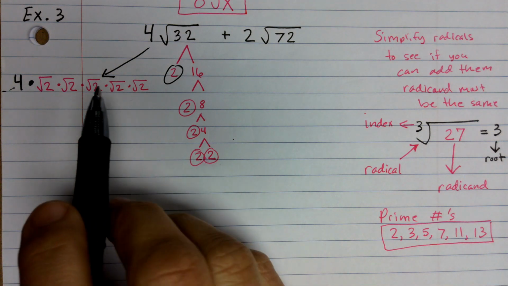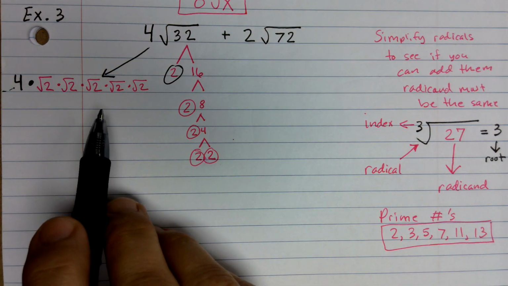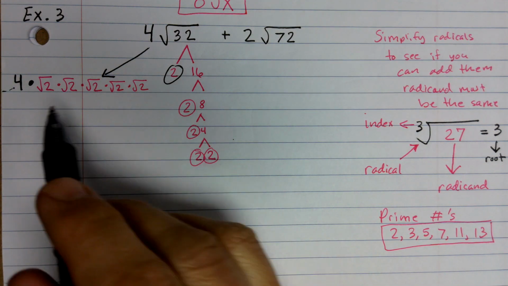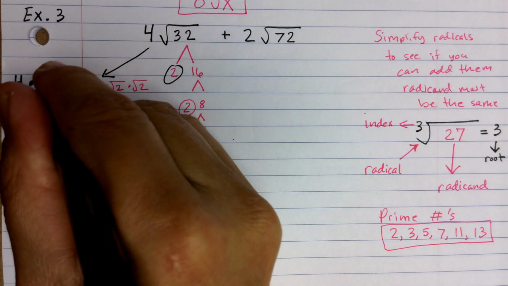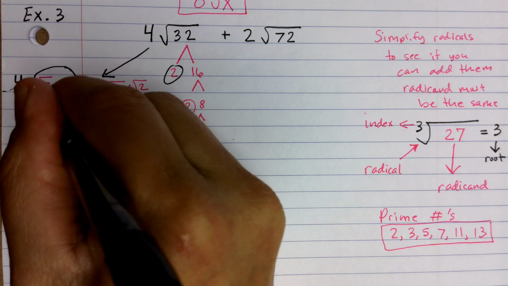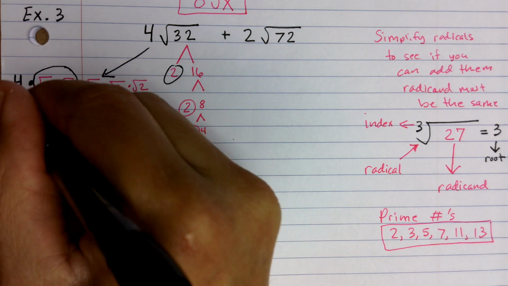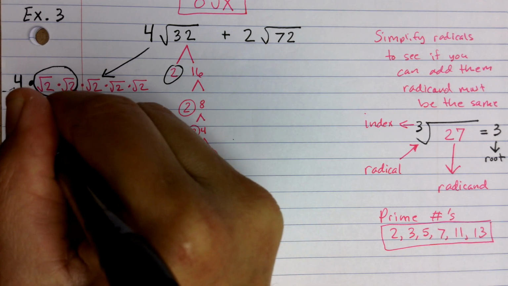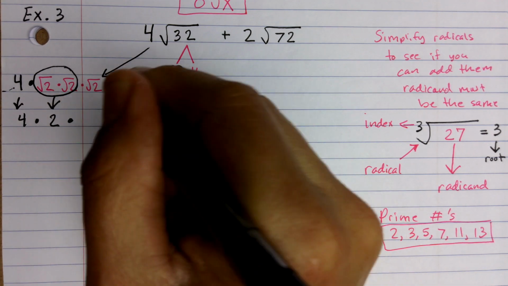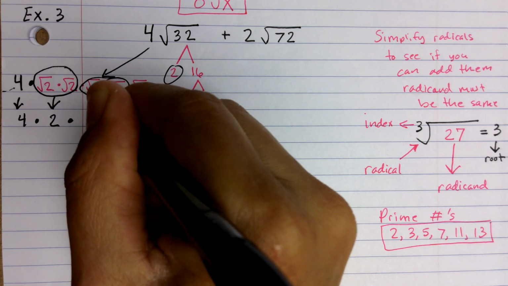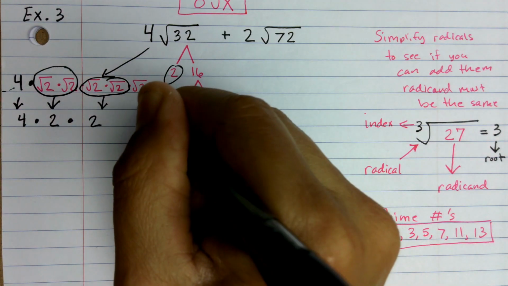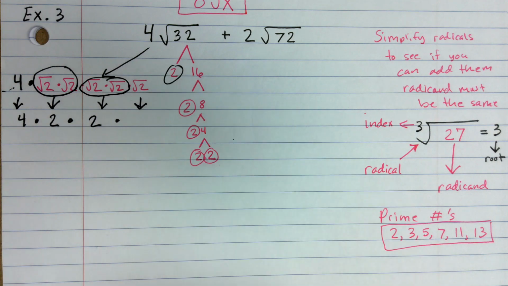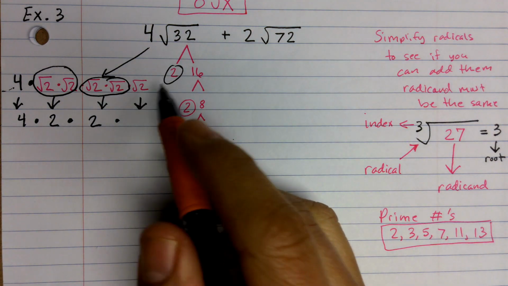Now, remember that anytime we have 2 radicals multiplied to itself, it just becomes the radicand, the number that's on the inside. So for instance, these 2 just become a 2. So I'm going to bring down my 4, so it's 4 times 2 times, these 2 become another 2. And this one right here, notice there's not another square root of 2 to multiply it to.